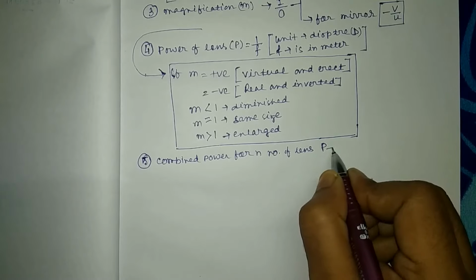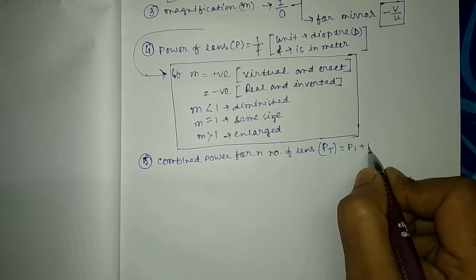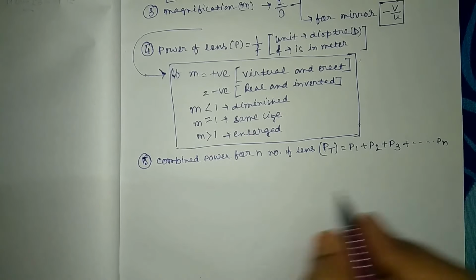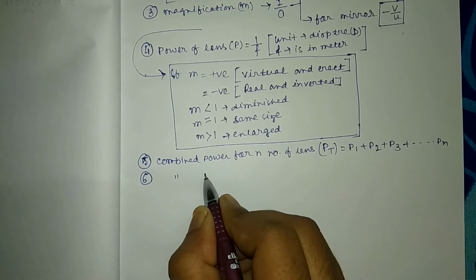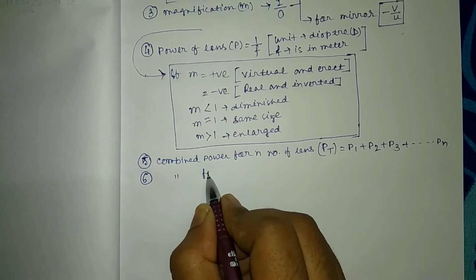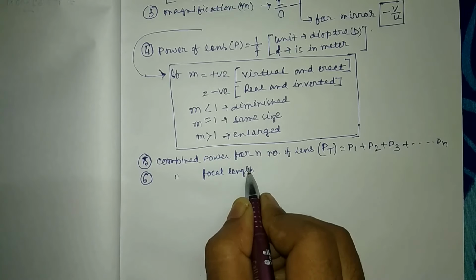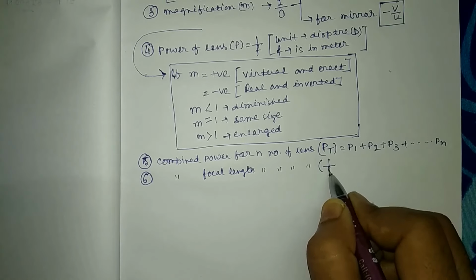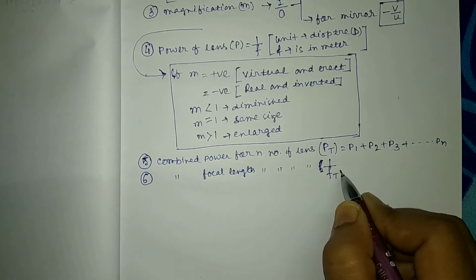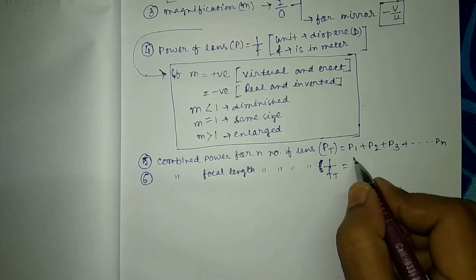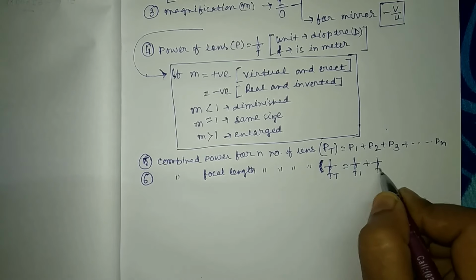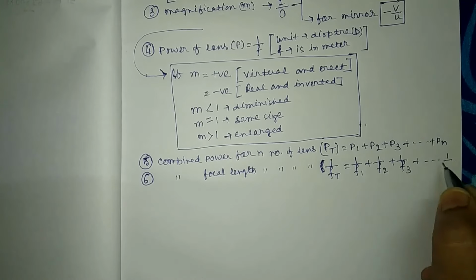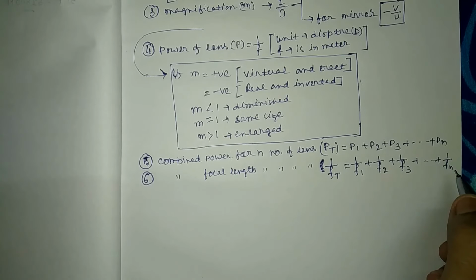That will be P total equals P1 plus P2 plus P3 plus dot dot dot Pn. Number 6, combined focal length for n number of lenses. That will be 1 by Ft equals 1 by F1 plus 1 by F2 plus 1 by F3 plus dot dot dot plus 1 by Fn.